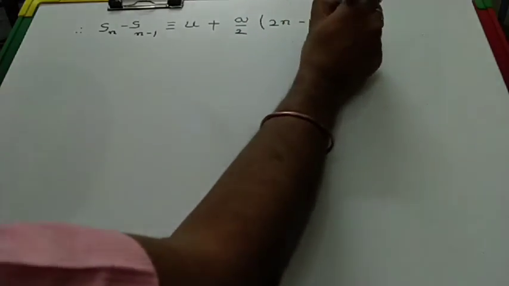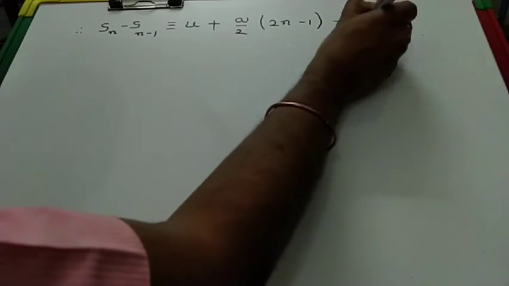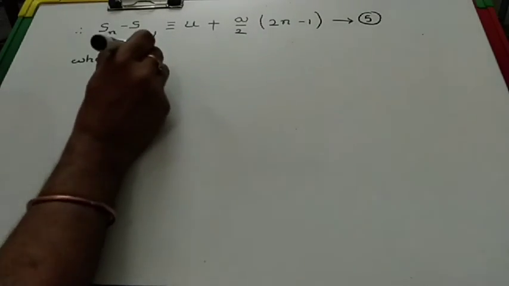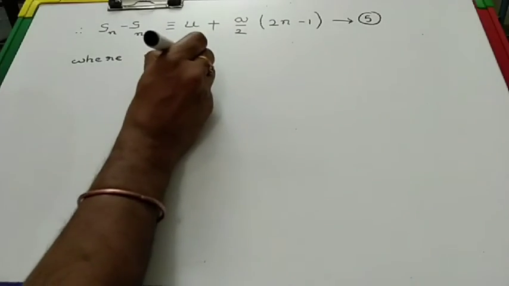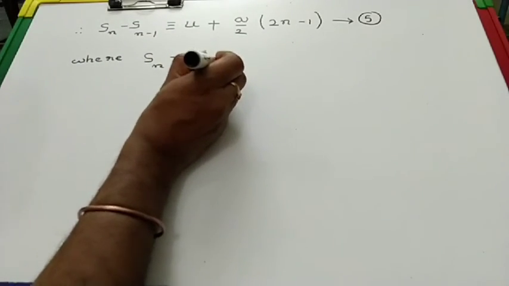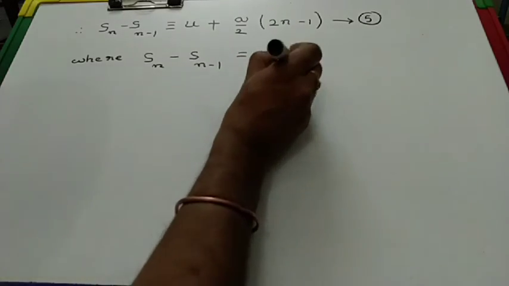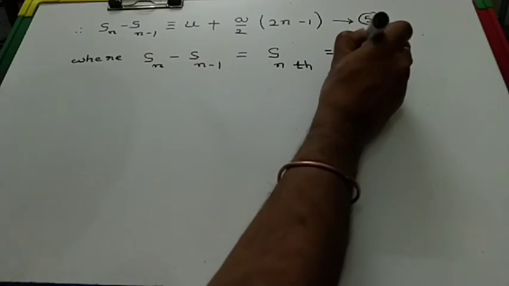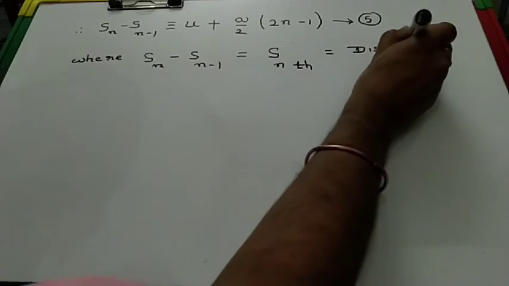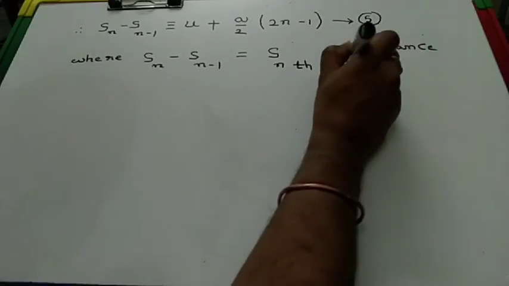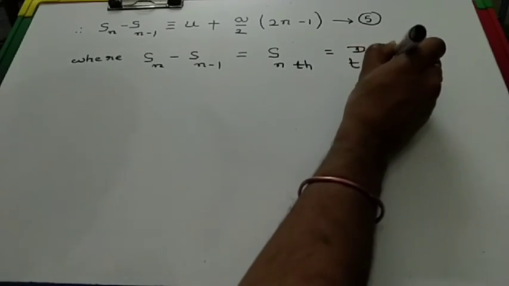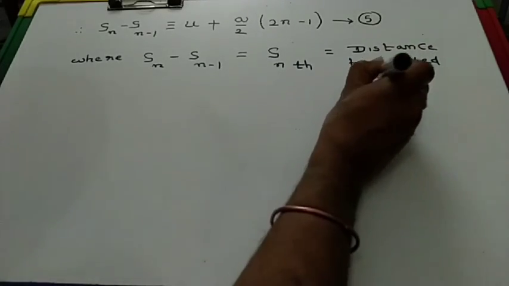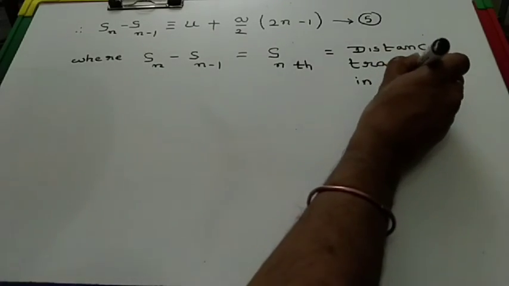Consider this is equation number 5, where this Sn minus 1 is equal to the distance traveled in the nth second.